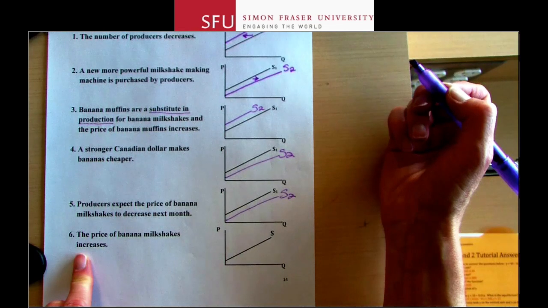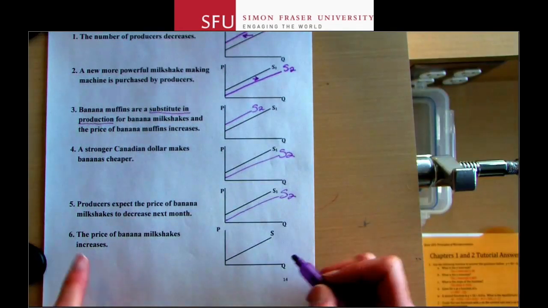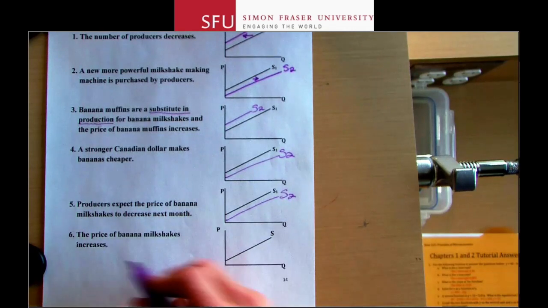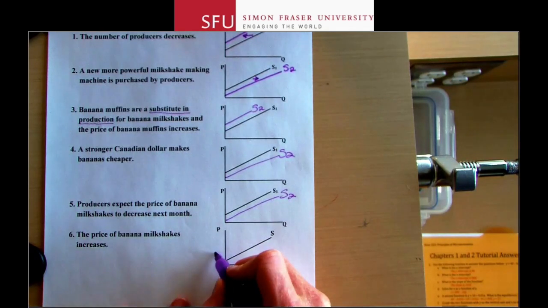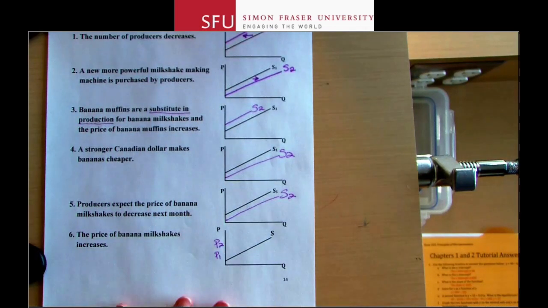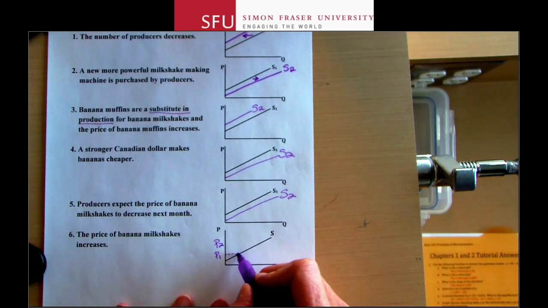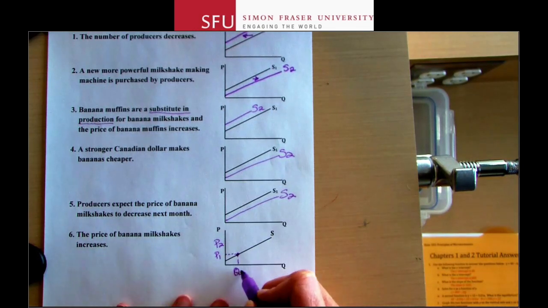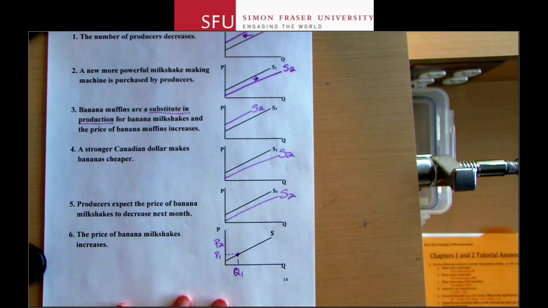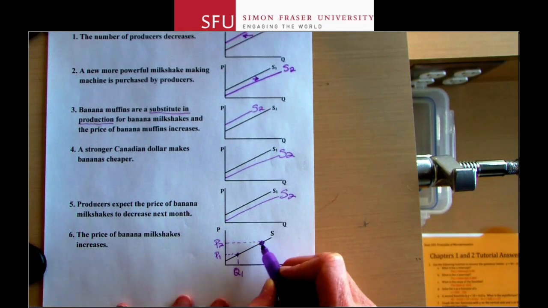So we illustrate that as a movement, and it's a movement up the curve. So the price goes up. So what we can do is just put P1 and then P2. So the price goes up, and then illustrate what points those would be on the curve. So at the low price, they are only selling a small quantity, and then at the higher price, they will sell more.